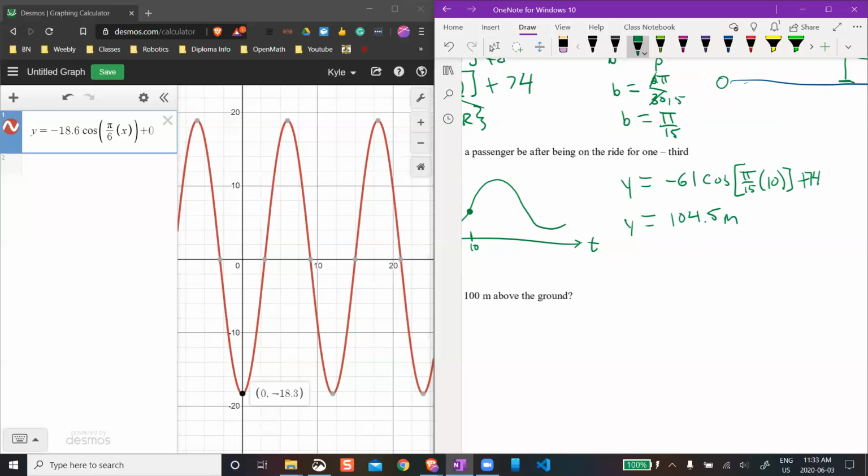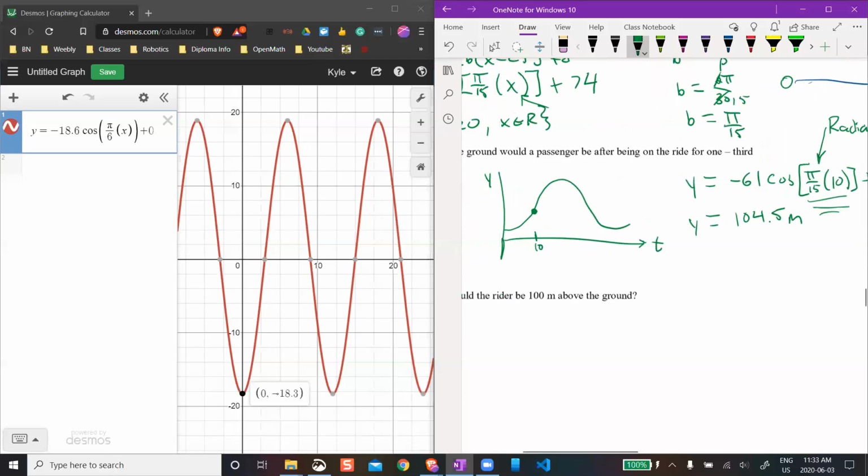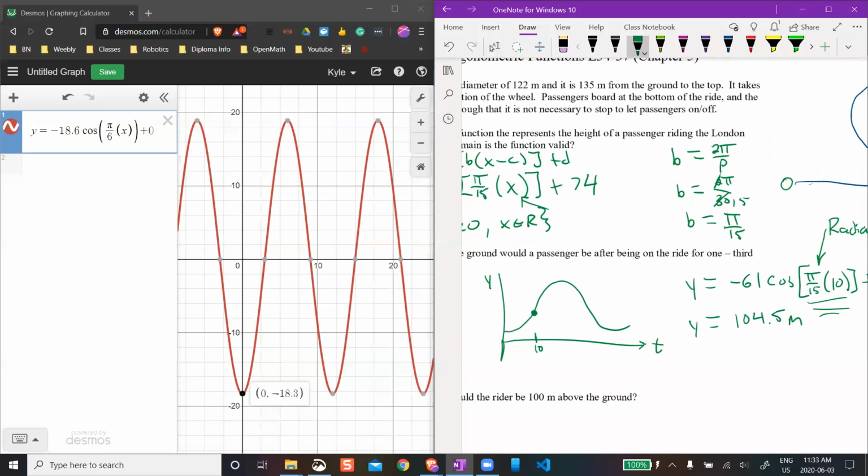Now, if you do this and you get the wrong answer, the likely problem is you had your calculator in degrees. This has to be in radians. So make sure your calculator is in radians there. And why it's in radians and not degrees, because it could have been degrees, is at this point right here, when we found our B value, we said 2 pi over the period.